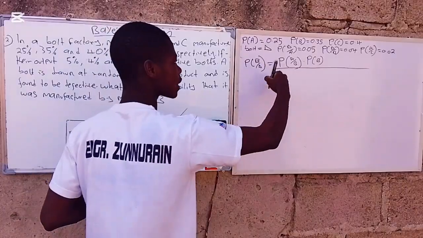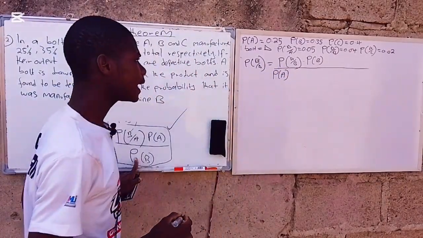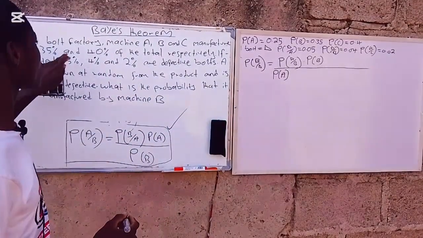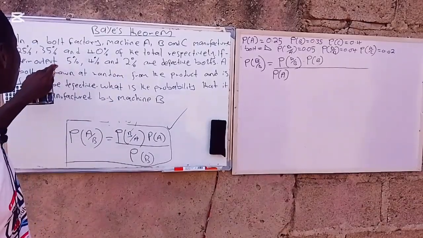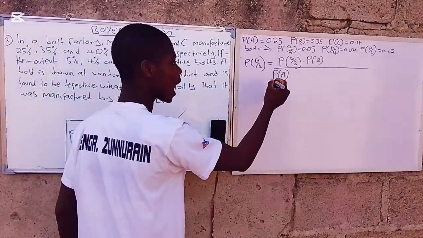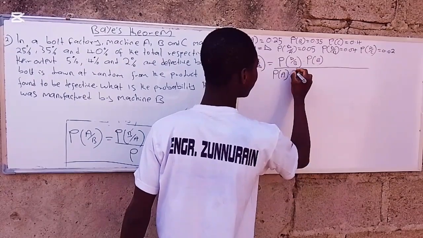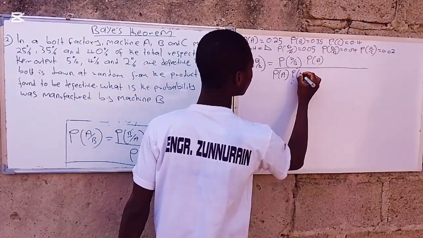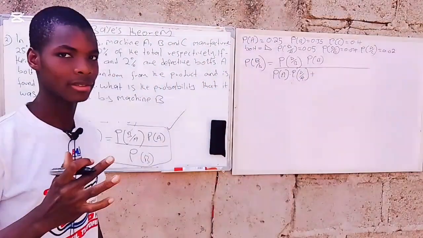So here we have to start from probability of A. Then I have something related to A, which is the output. So therefore I have to multiply it by the probability of D against A, and then I have to add it.